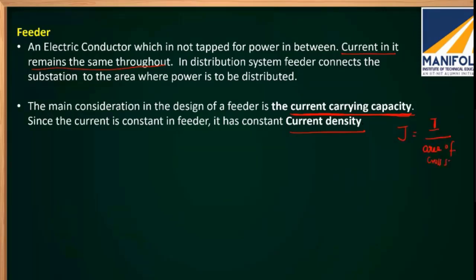So many times the question will come, on what factor is the design of the feeder governed? If the option is current carrying capacity, you have to put it. Otherwise, you have to put current density. Okay.